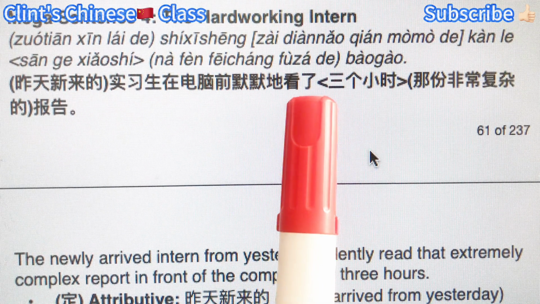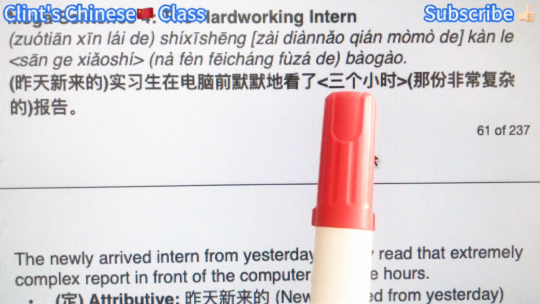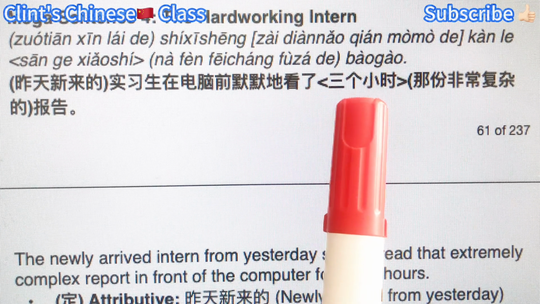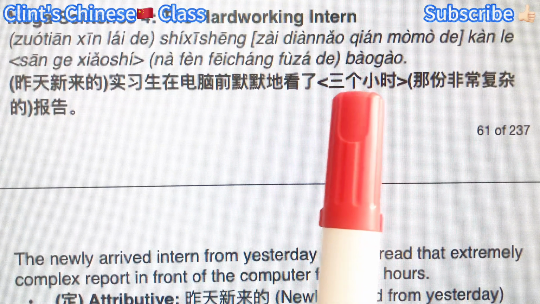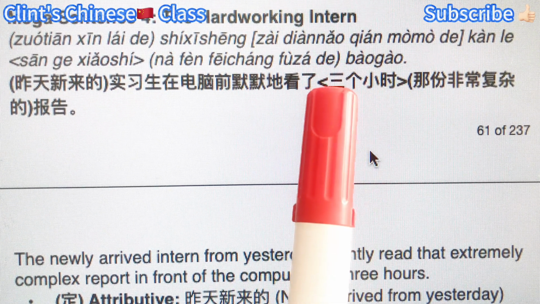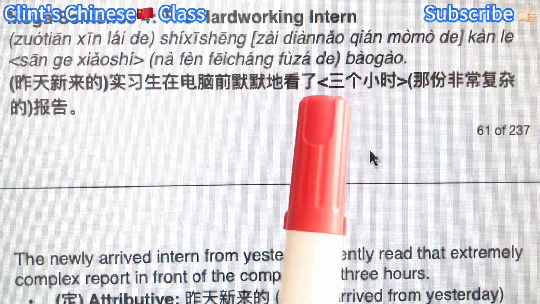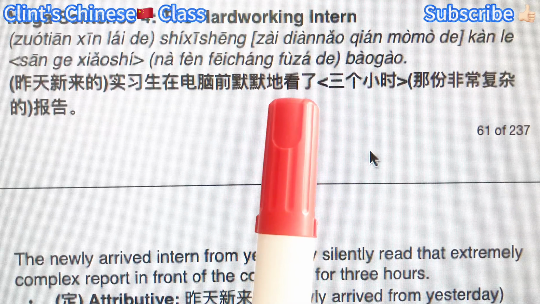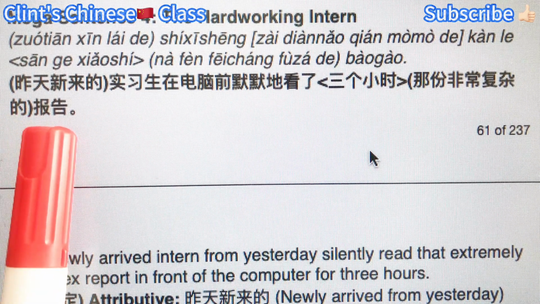Now complement. The quantity complement. Like watch for how long? 3 hours, 3个小时. This is the complement describing the result or degree of this verb 看. Okay, now we have the report as the object.